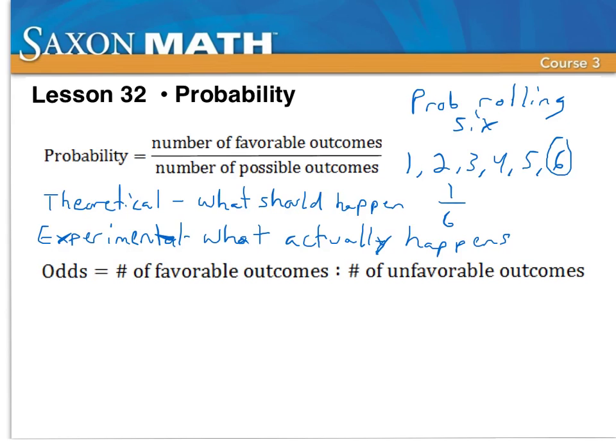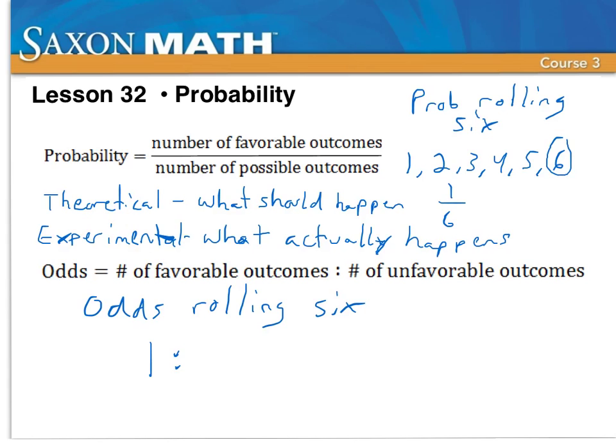Odds. Odds are the number of favorable outcomes compared to the number of unfavorable outcomes. So again, let's look at the odds of rolling a 6. Well, there's one favorable outcome. Then I write a little colon in here, like those ratios we did, and then the number of unfavorable outcomes.